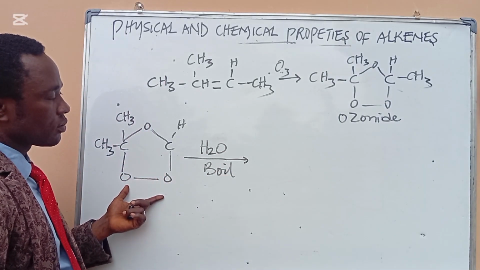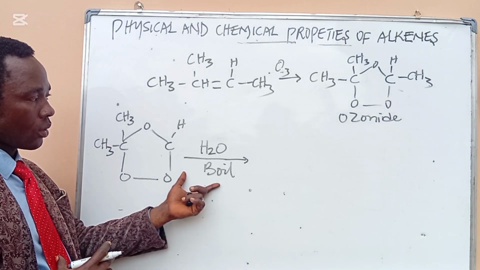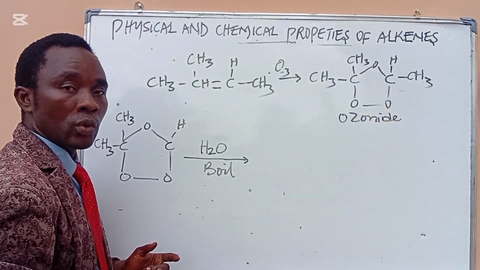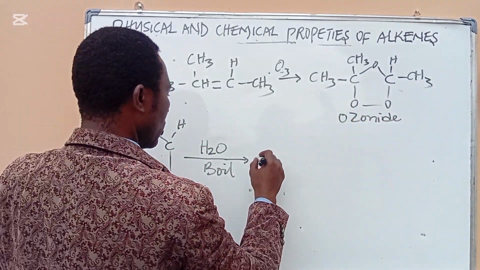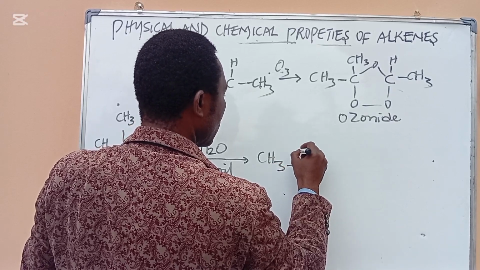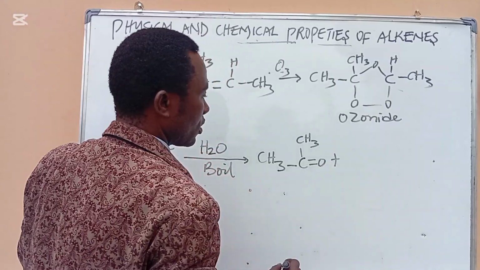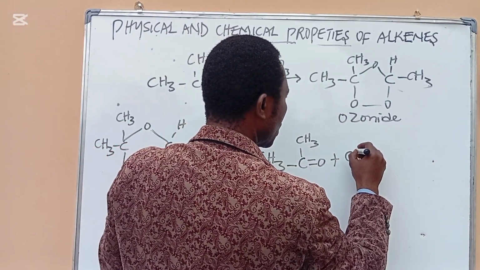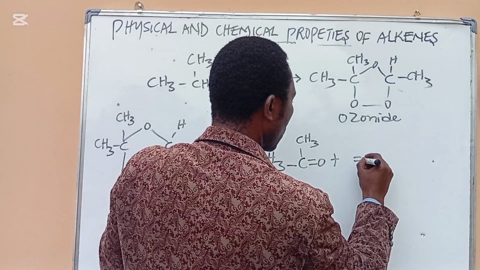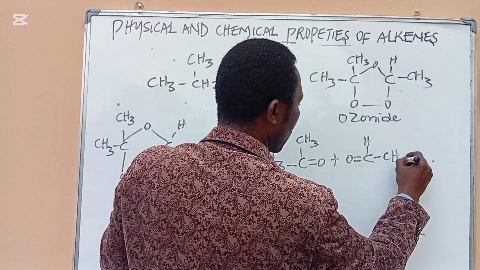Anytime you decompose an ozonide by boiling, the ozonide will decompose into CH3, C, CH3, double bond O, plus CH, C double bond O, then H, then CH3.